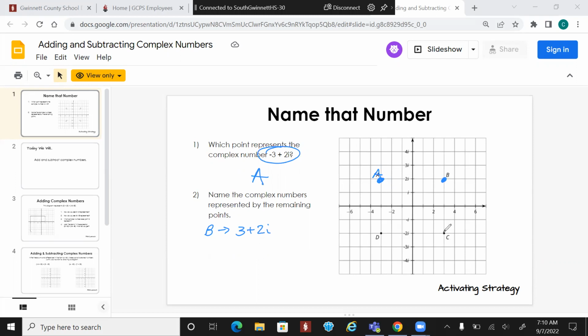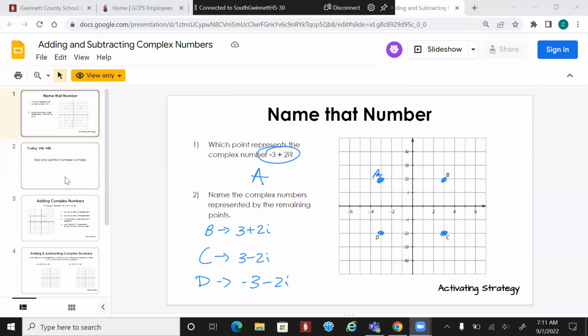Okay, what about C? What would that be? 3 minus 2i, good. And then what's D? Minus 2i, right? Okay, good.